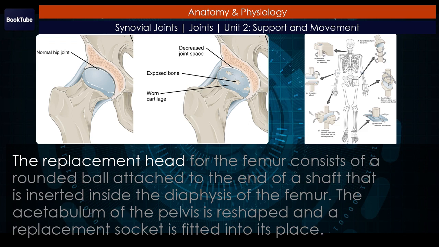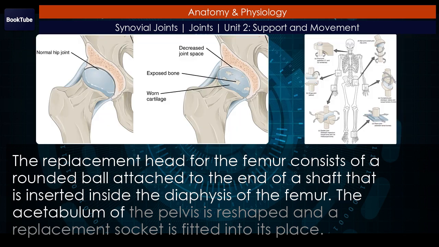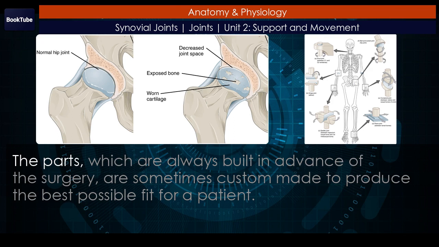The replacement head for the femur consists of a rounded ball attached to the end of a shaft that is inserted inside the diaphysis of the femur. The acetabulum of the pelvis is reshaped and a replacement socket is fitted into its place. The parts, which are always built in advance of the surgery, are sometimes custom-made to produce the best possible fit for a patient.